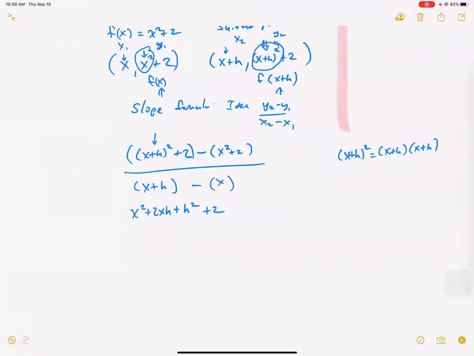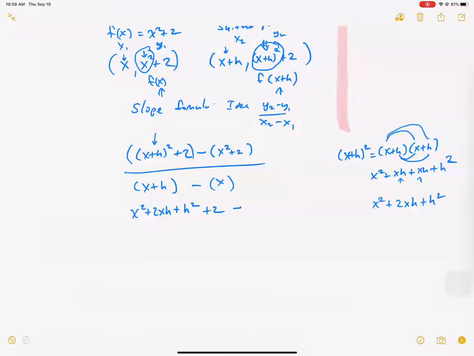And then remember, you do FOIL: front times front, front times back, back times front, back times back. Hey, look, I have 2 of them. So we have x squared plus 2xh plus h squared. Square the front, square the back, double the middle.